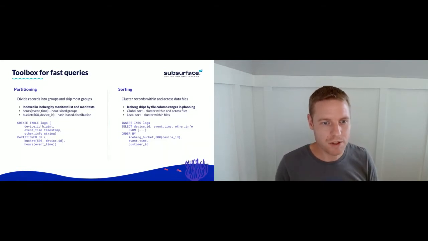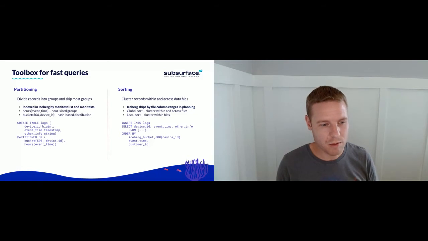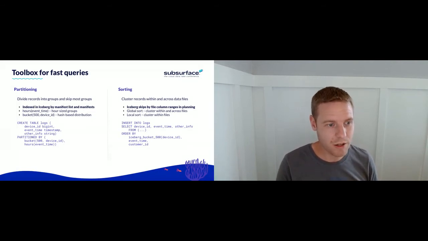Now, Iceberg helps us when we do that by keeping track of the column ranges in each data file. So when we cluster across files, Iceberg is going to be able to use the min-max stats for device ID to pick just the file that we need to read at job planning time. So that's going to help us.